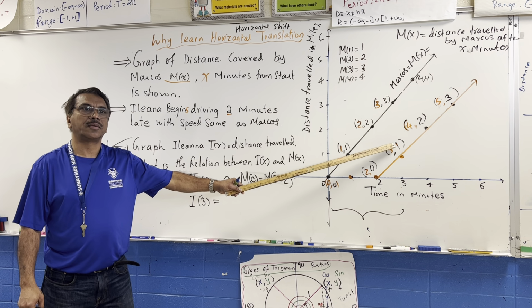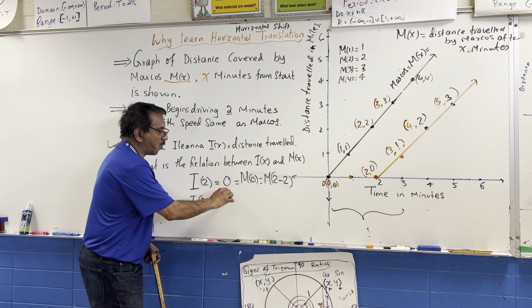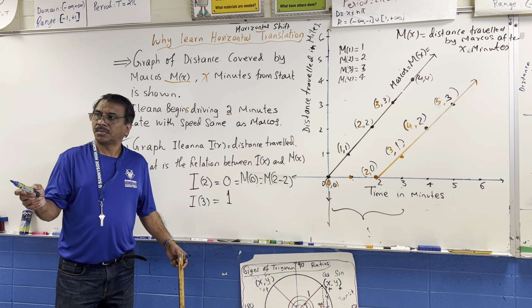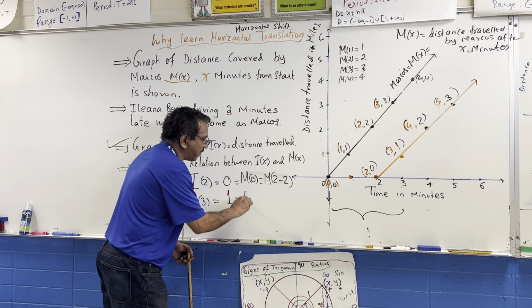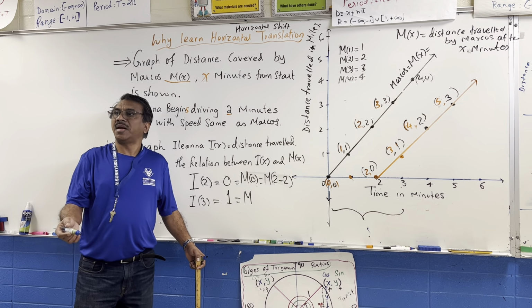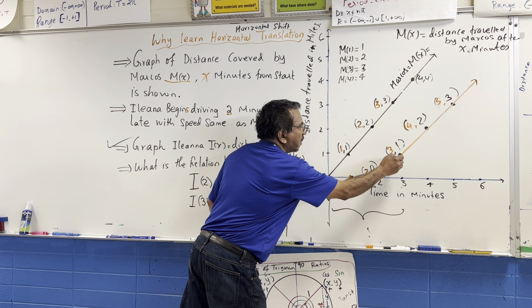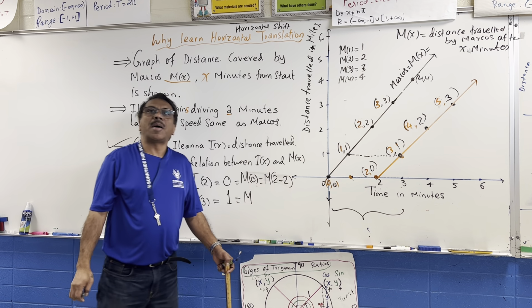Nobody is saying yes or no? So the distance traveled by ELianna is 1 mile. Do you agree, ELianna? Agree, right? But that distance was covered by Marcus in how many minutes? If you go along horizontally, when did Marcus complete that?